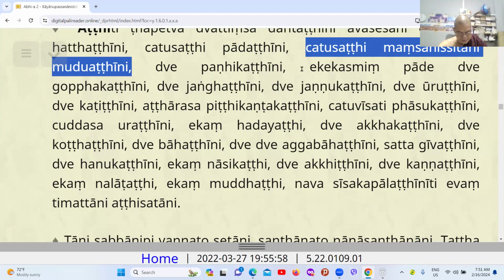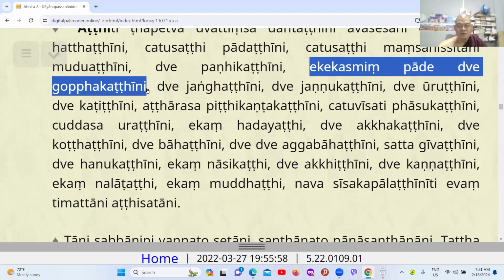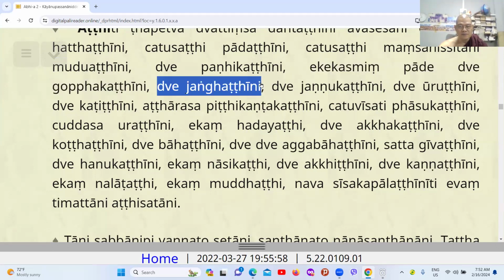Ikikas may pade dwe kopukatini, so 2 kopuka here. I don't know kopuka. Each kopuka, there are 2 bones. Kopukati. The janga, the knee, 2 knee bones. For each knee there is 1 bone. The janukati, januka.